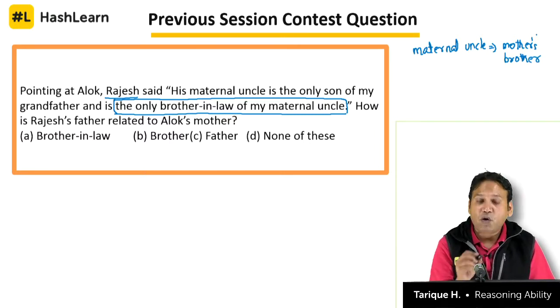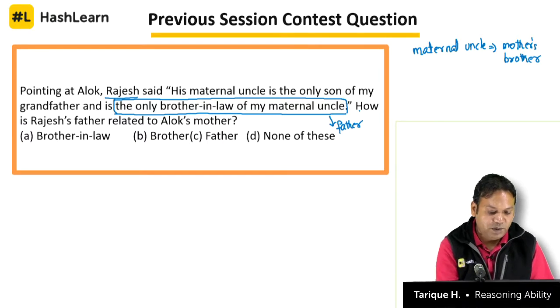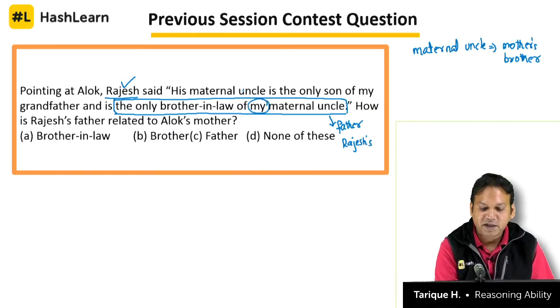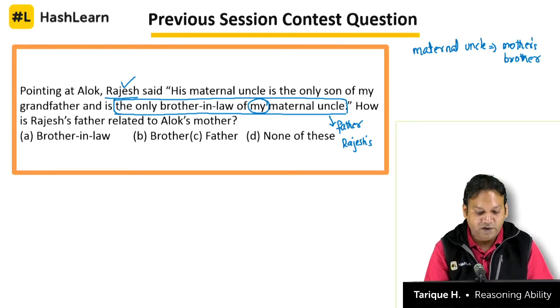And since we are using the only brother-in-law, this entire statement means father. Whose father? The speaker's father. Who is speaking? Rajesh said. So, Rajesh's father, because my here represents the speaker. So, this entire phrase, the only brother-in-law of my maternal uncle, means Rajesh's father.